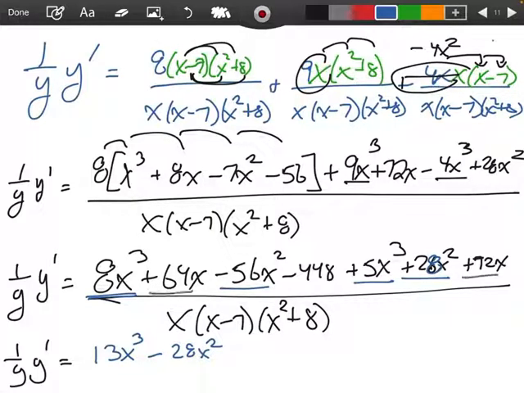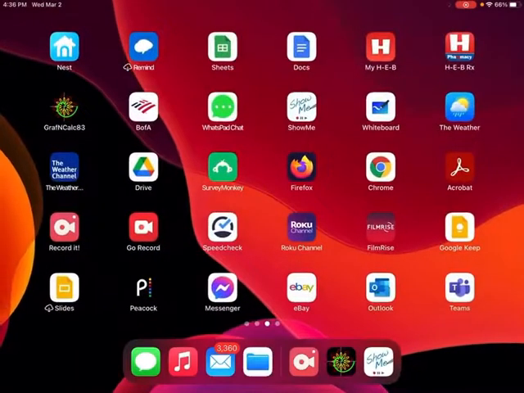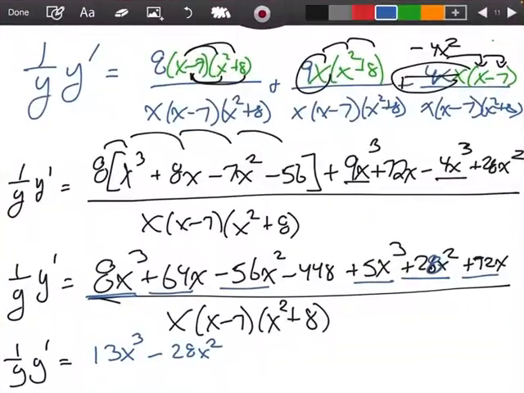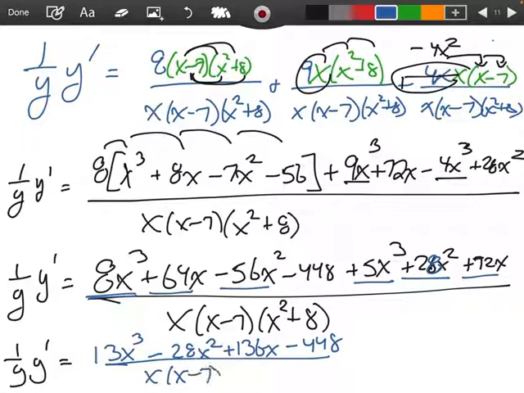Okay. 64 and 72, let me see, 64 plus 72, 136, so plus 136 with an x, and then I still have a minus 448. All of this is over x, x minus 7, and x squared plus 8.